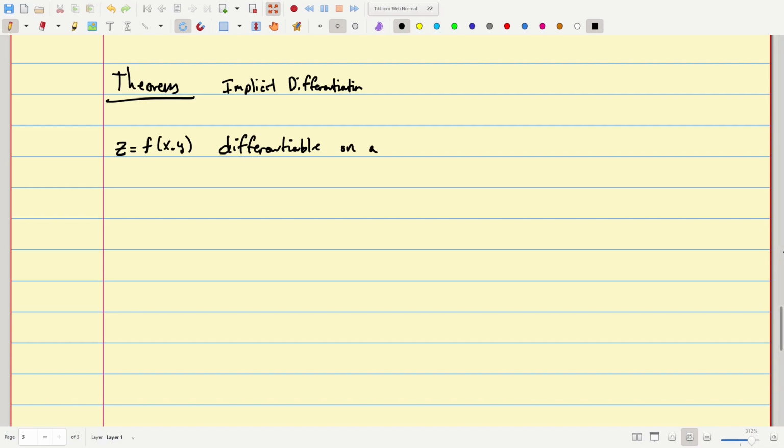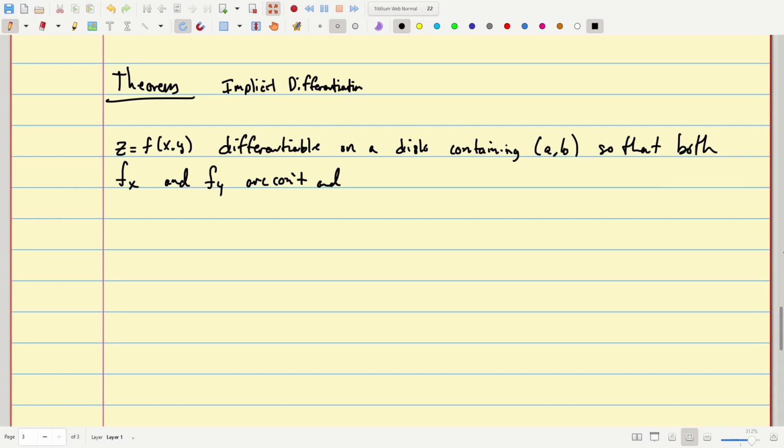On a disk, so it's on a disk containing a point (a, b), the partial derivative with respect to x and the partial derivative with respect to y are continuous, and the partial derivative that we care about here is non-zero on the disk.